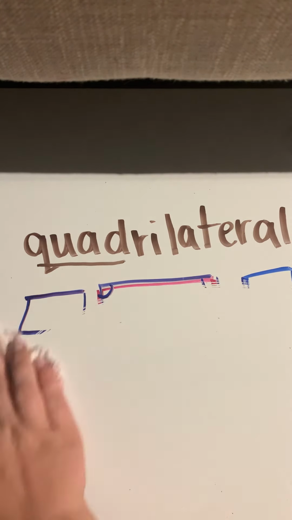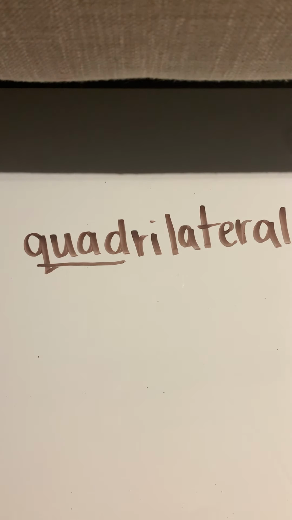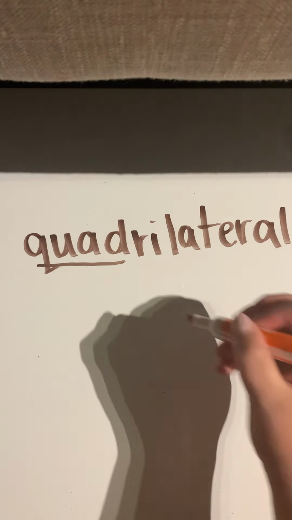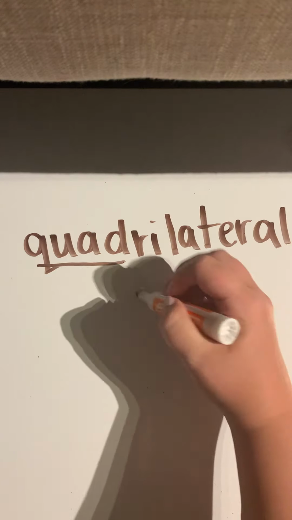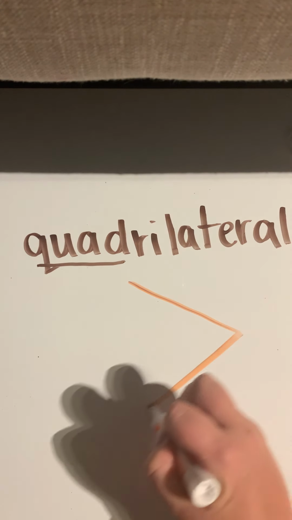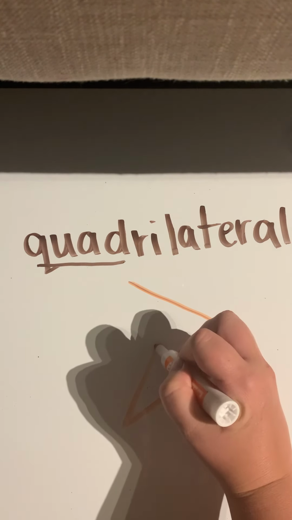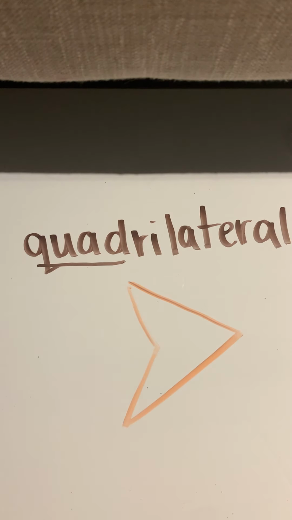Okay, now this is kind of funny. What about, I was running out of room, otherwise I would have kept going there. What about this shape? 1, 2, 3, 4. Okay, is it a closed shape? Yeah, it's a polygon. It has 3 or more sides, but is it a quadrilateral?